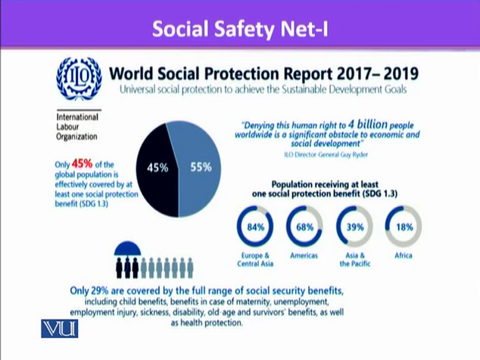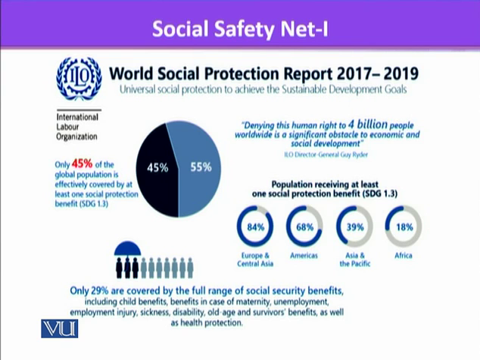So only 45% of the population has one of the 5 benefits, and only 25% have the full range of benefits. It means that 70% or 71% of the population doesn't have full protection.